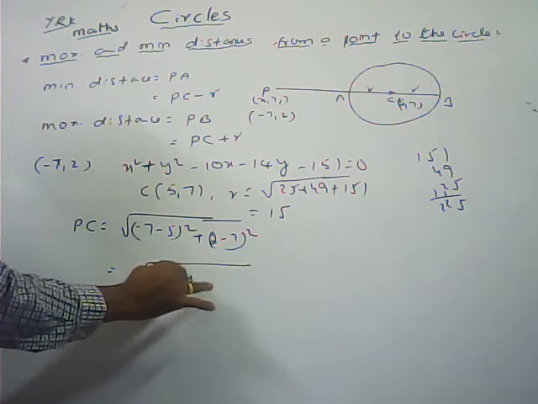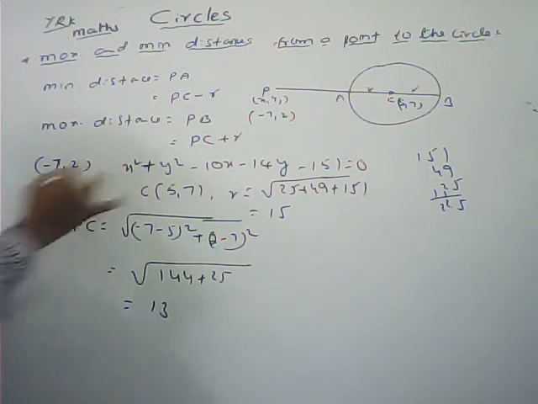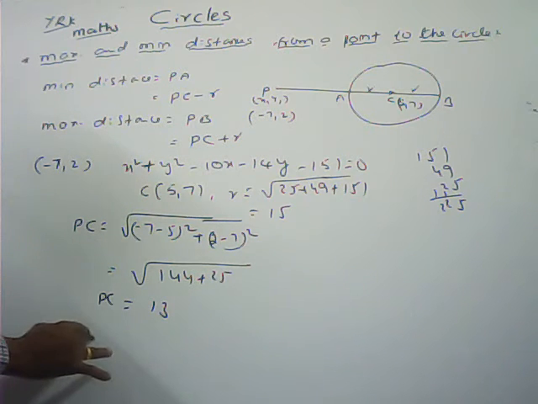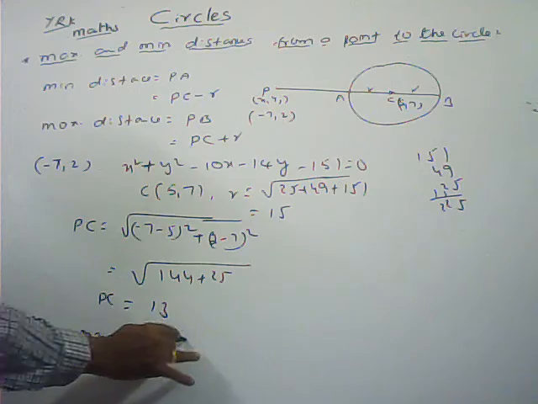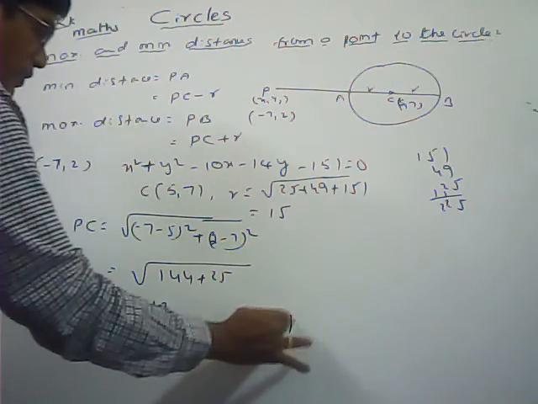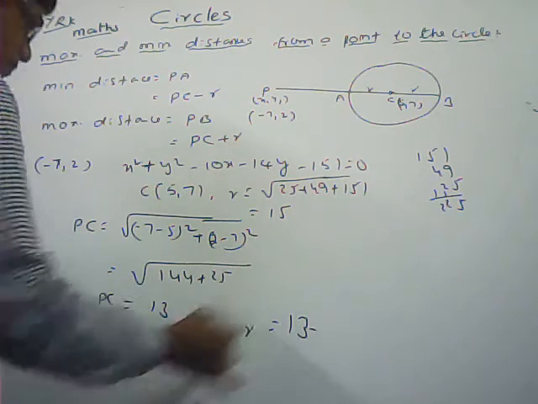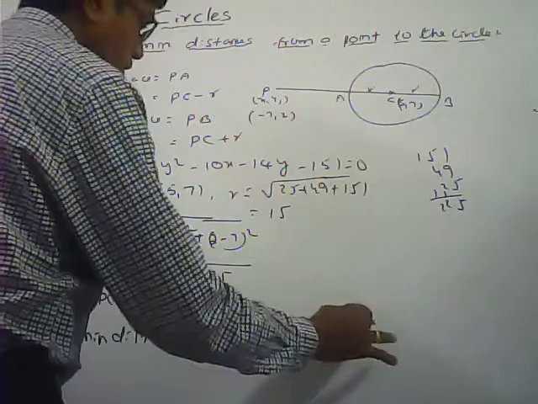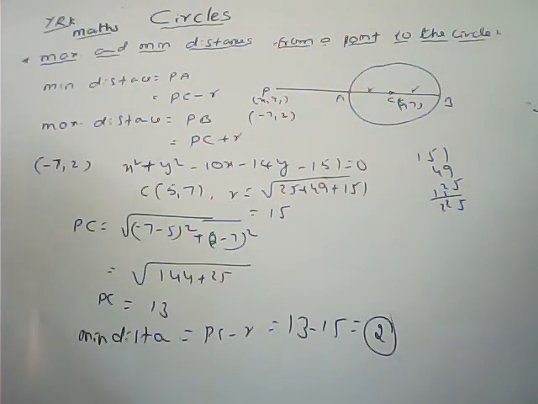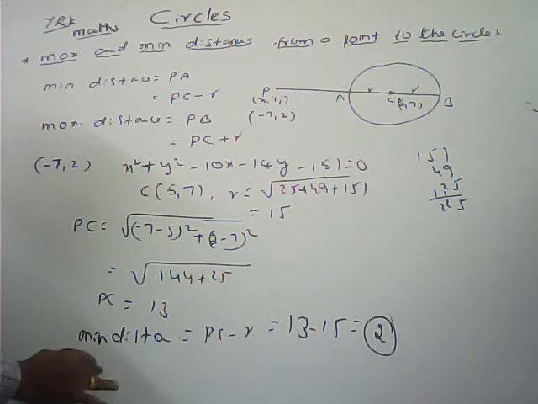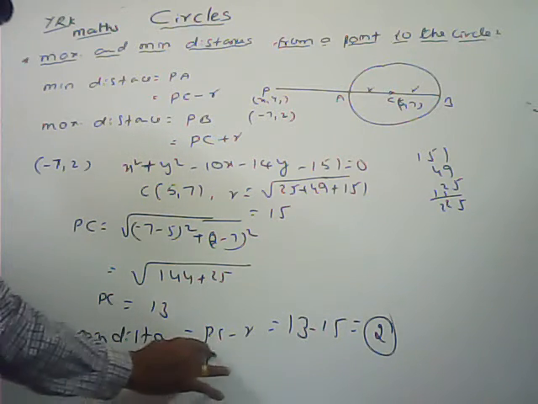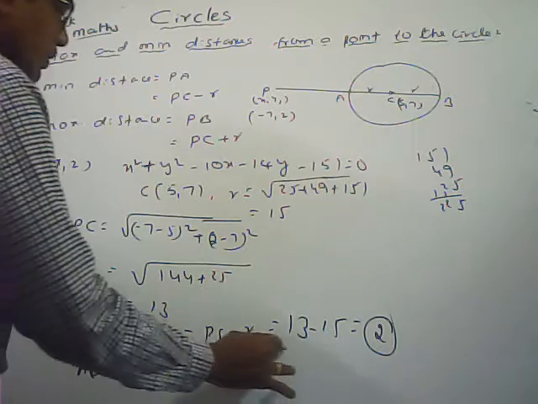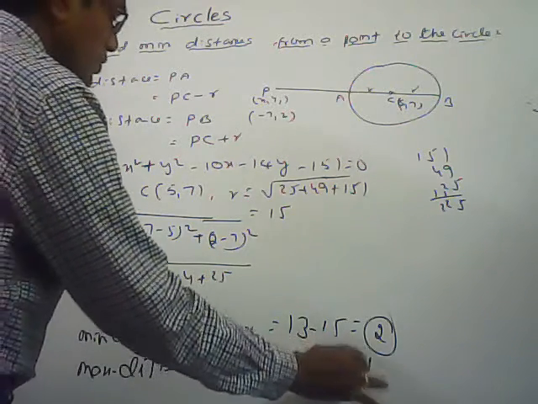This is 144, this is 25, 169, square root of 169 is 13. So minimum distance that is equal to PC minus R, 13 minus the radius 15, we are getting minus 2, but the distance we always consider positive only. So maximum distance that is equal to PC plus R. PC that is equal to 13 plus R that is 15, that is equal to 28.